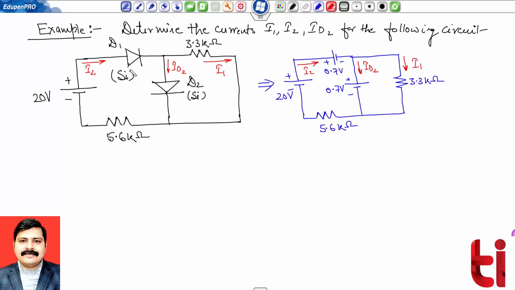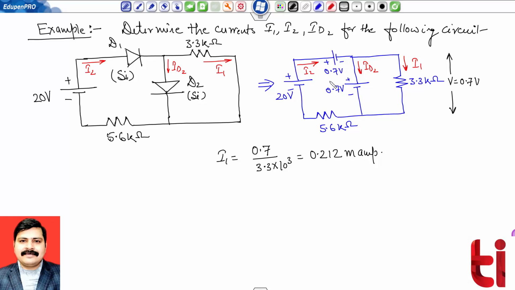As the anode of D1 is connected to the positive terminal of the 20 volt supply, and the anode of D2 is also connected to that, both diodes will be forward bias and replaced by a battery of 0.7 volt. First let us determine the value of current I1. This current will be 0.7 divided by 3.3 times 10 raised to the power 3, which is 0.212 milliampere.